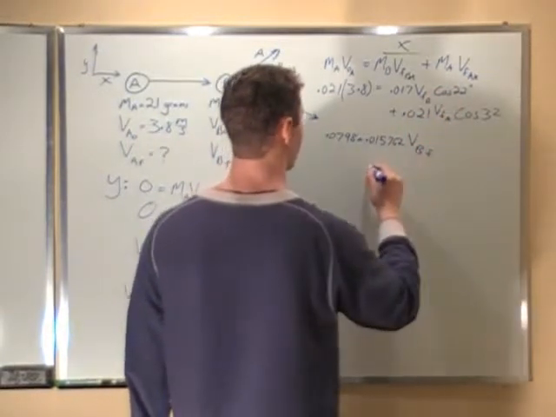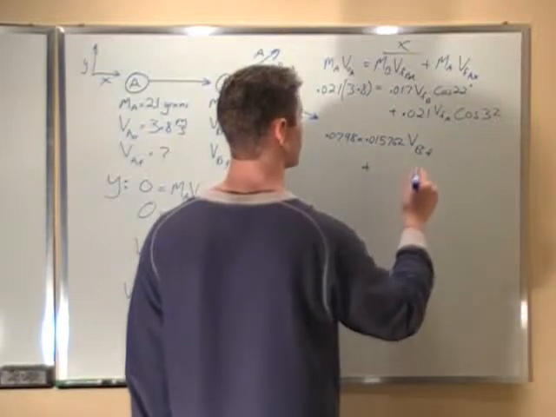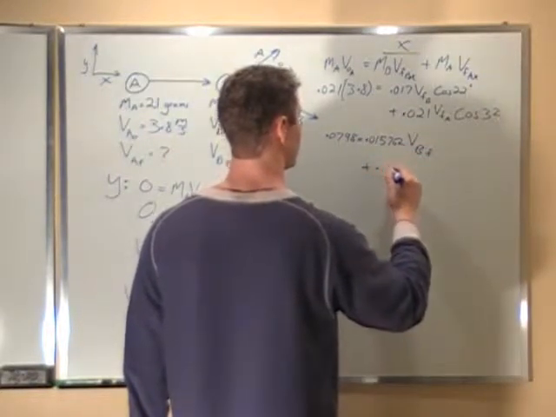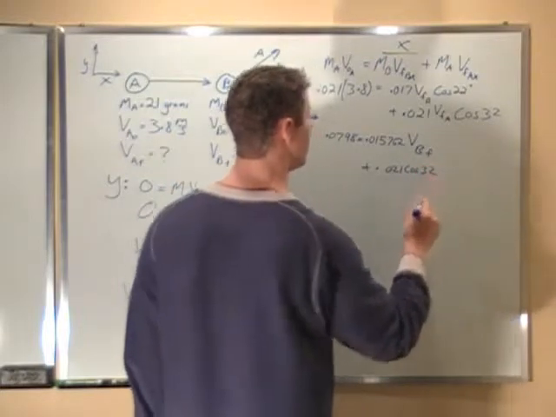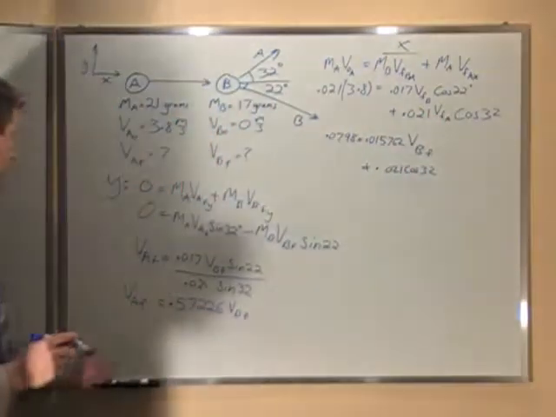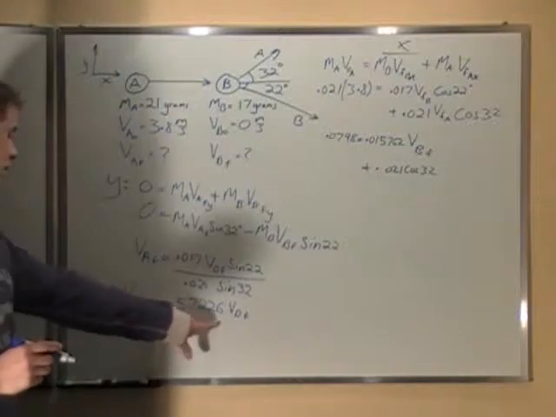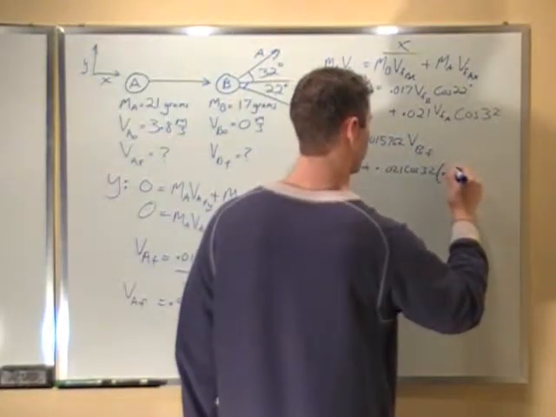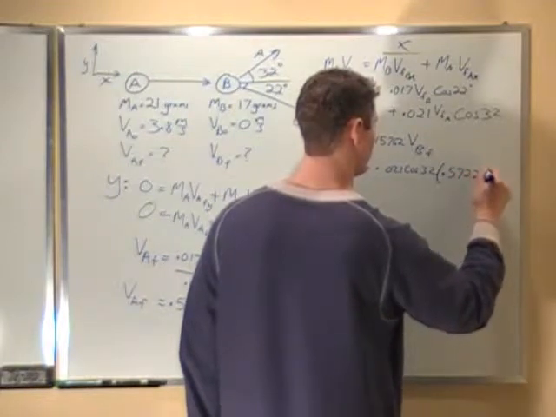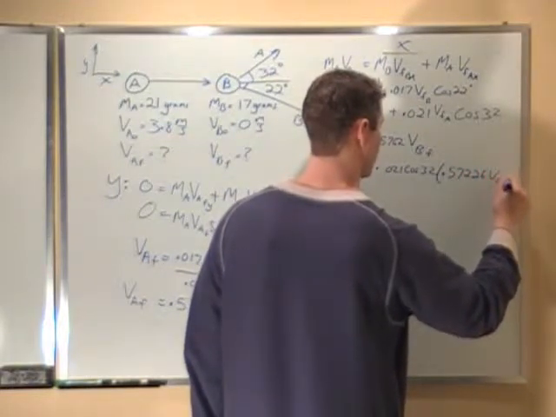And this one I have plus 0.021 cos 32 times VAF, and it's this, 0.57226 VBF.